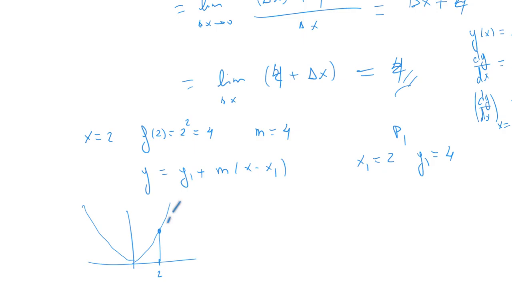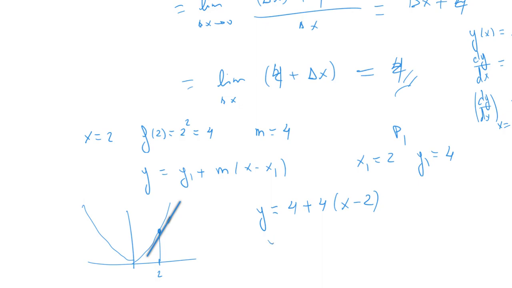This rectilinear line is this line that has a slope of 4. What is the equation of this line? The equation of this line is y equals y1, 4, plus the slope 4 multiplied by x minus 2.